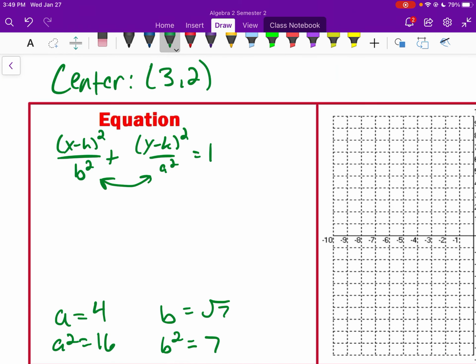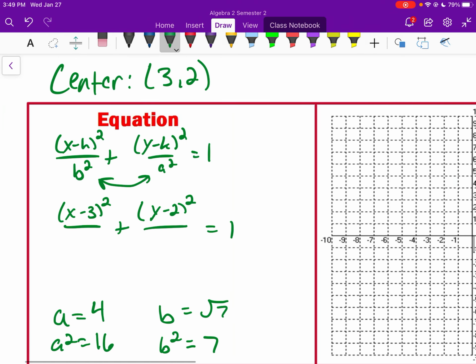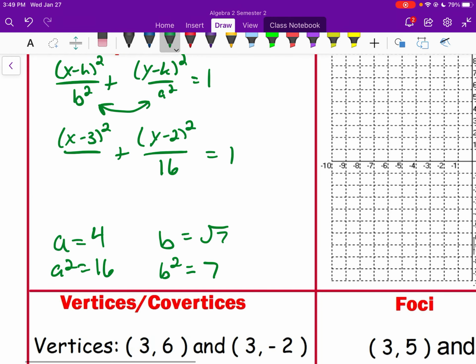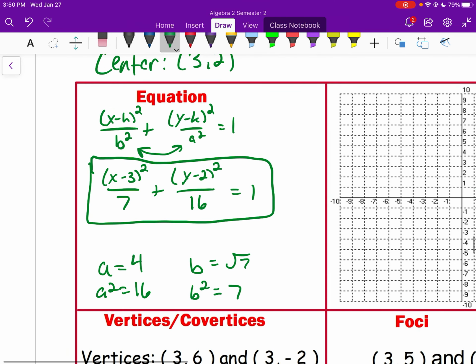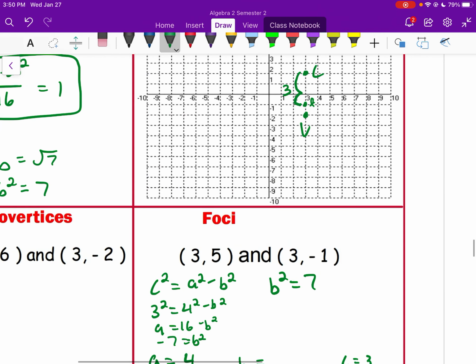So our center, x minus h, so x minus 3 squared, y minus 2 squared, set it equal to 1. Up and down 4, so 4 squared, we're going to get 16. And we said we got that other b squared value of 7, just plugging that into that empty spot. So there's our equation for the ellipse that has those vertices and those foci.